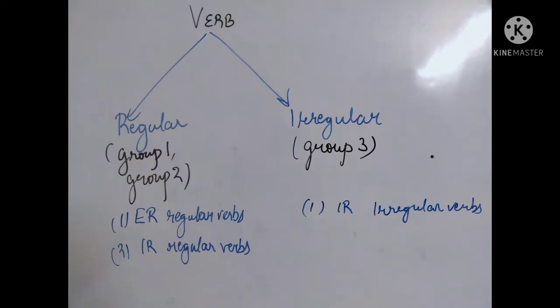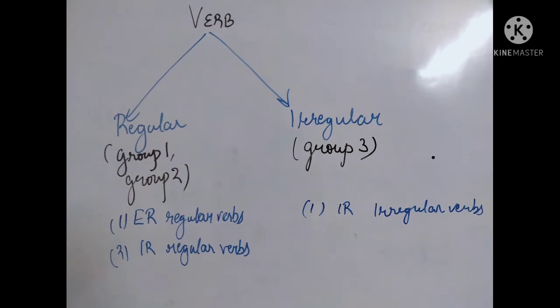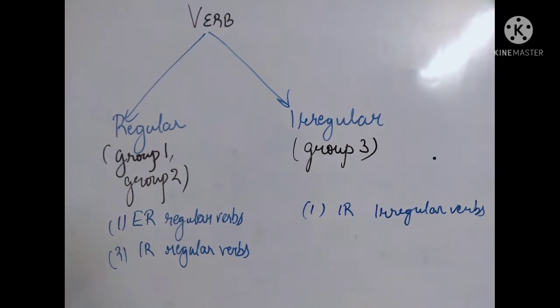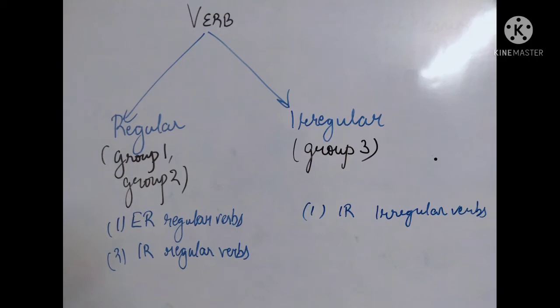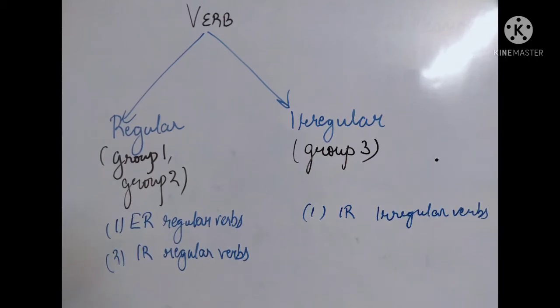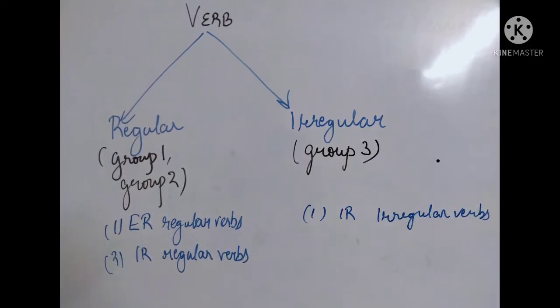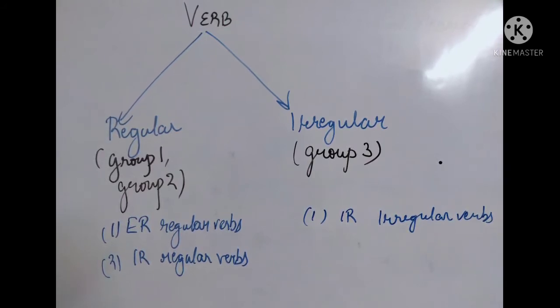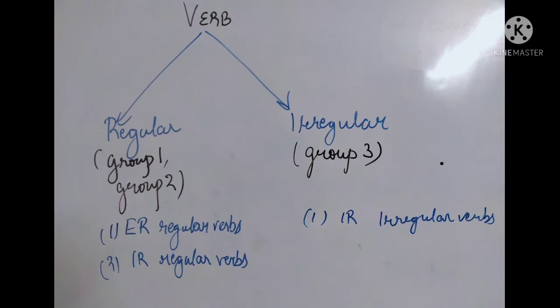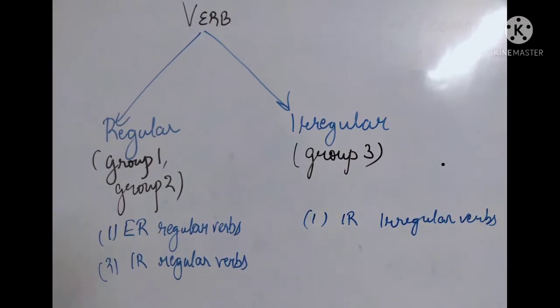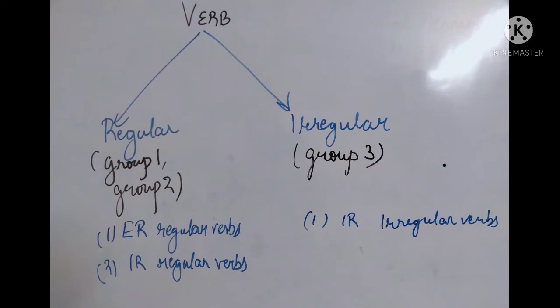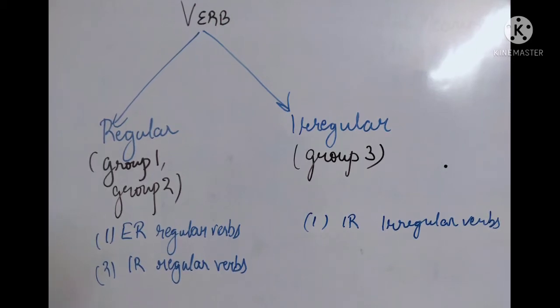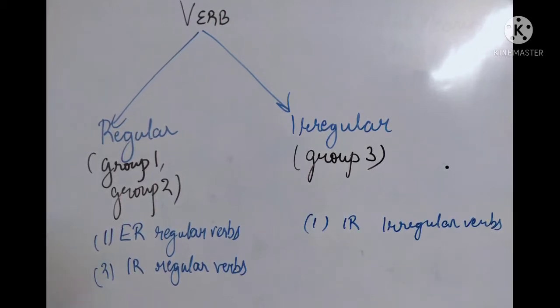One is regular, which includes group 1 and group 2, where ER regular verbs and IR regular verbs are there. And another group is irregular, which is group 3. We will discuss the groups in detail, and why these verbs are called regular or irregular.